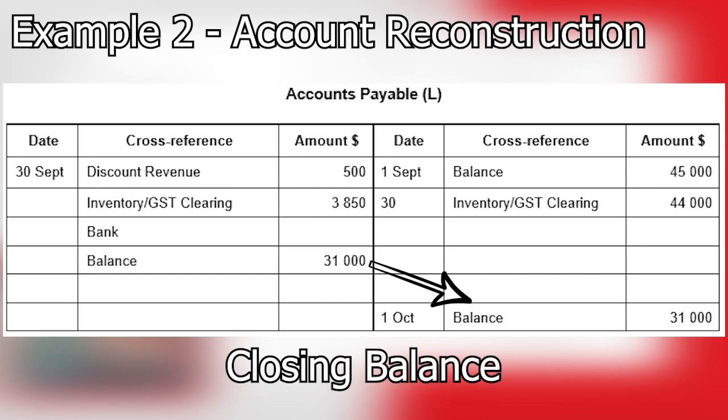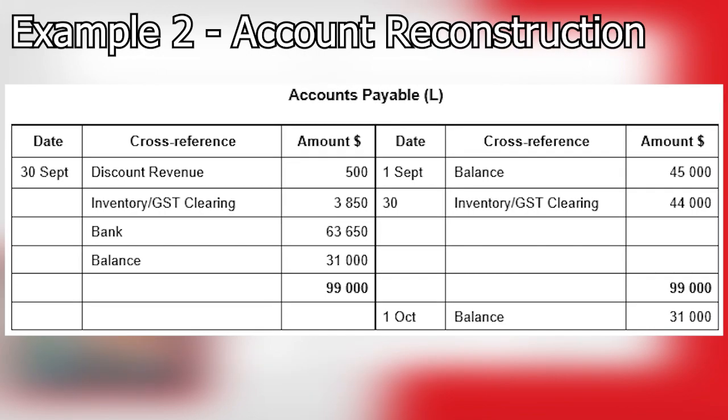Now, what we're going to do is we're going to go by the biggest side. We're also going to use the side that doesn't have a gap in it. And we're going to see that the credit side is bigger anyway, totaling $99,000. So we put $99,000 on both sides, and we actually come out to make this account fully balanced, the bank will be 63,650.